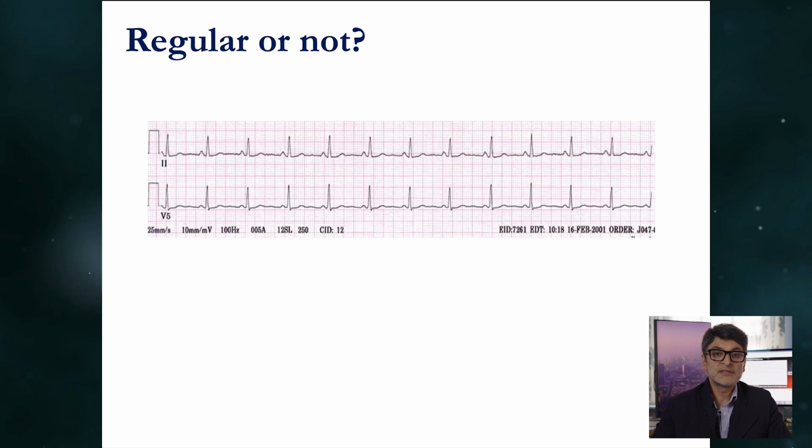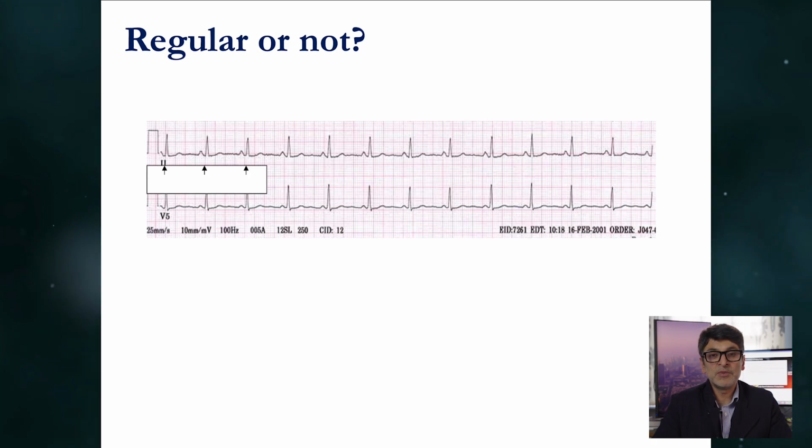And what we want to ask ourselves when we look at the ECG is, is it regular or not? And sometimes it's actually quite difficult to say this, because you may have tiny P waves that you can't see. You might think that you can see P waves, but it doesn't quite look regular. And there is a well-proven system which doesn't rely on any form of ECG automation. It doesn't rely on AI.